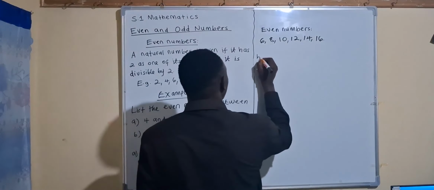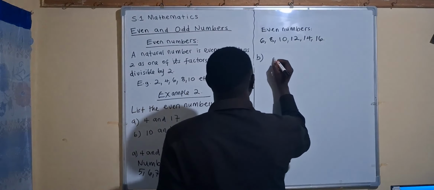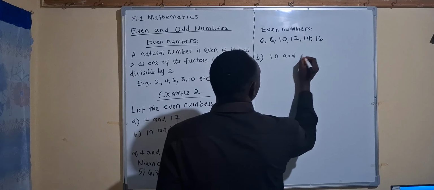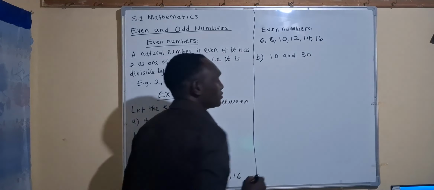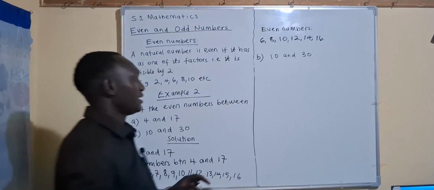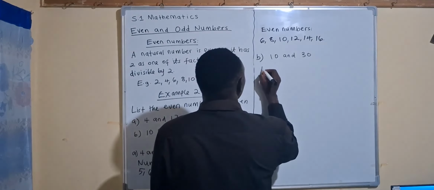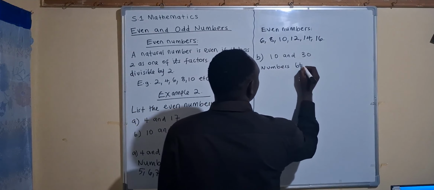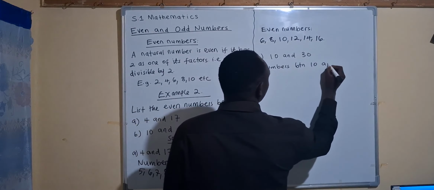Part B is asking for the even numbers between 10 and 30. So, as we know, we start by listing those numbers that are between 10 and 30. Even numbers between 10 and 30.